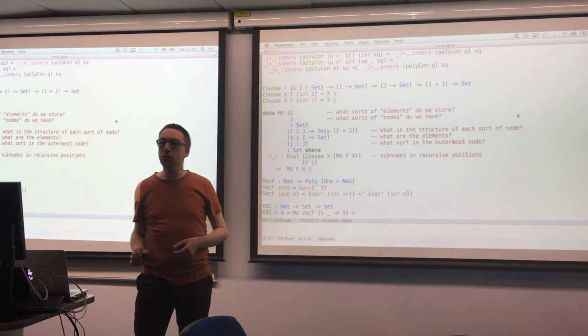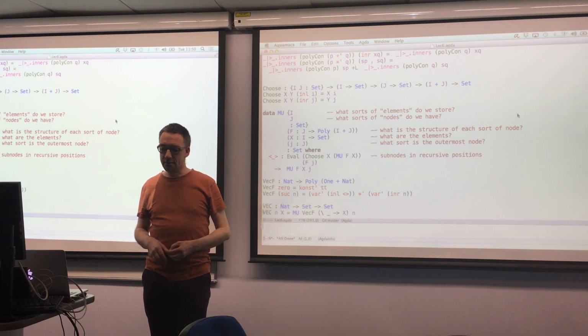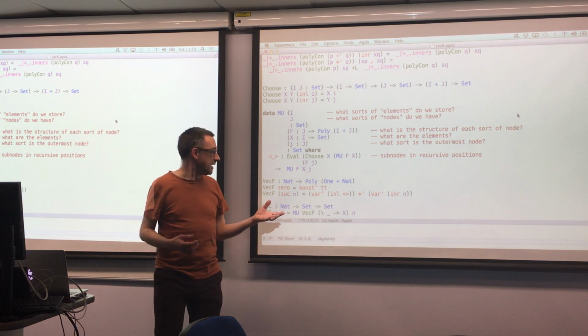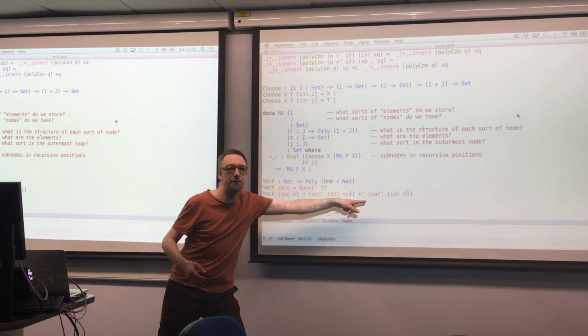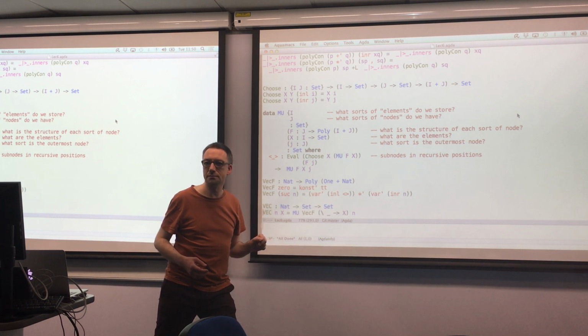So when you declare the vectors using a data declaration, it should actually generate this stuff. There's no reason why a machine couldn't do that.